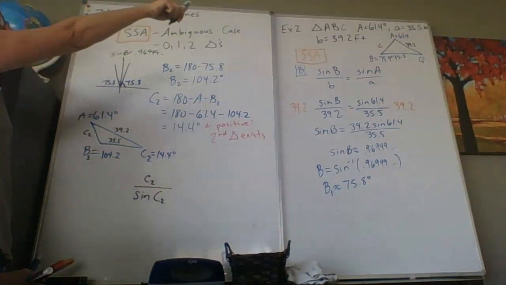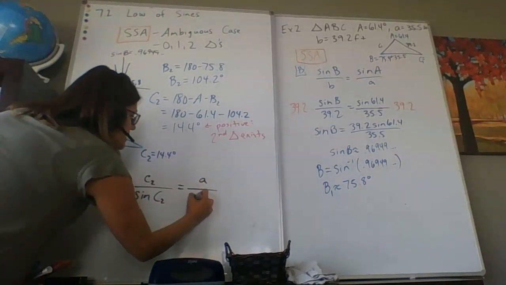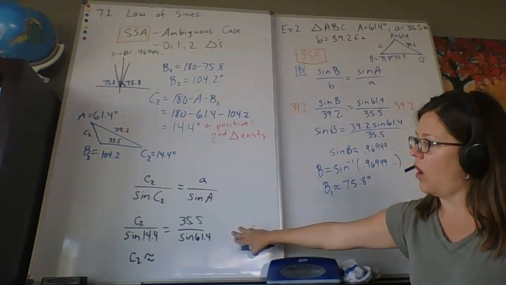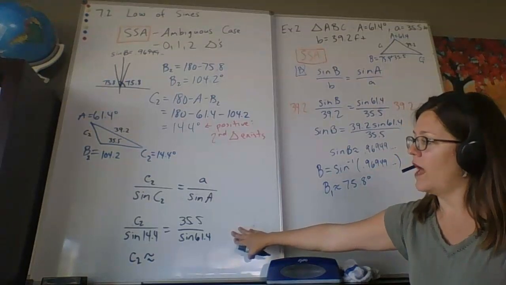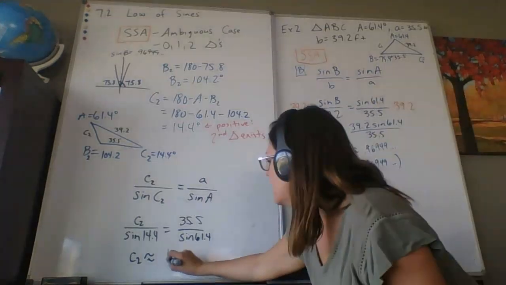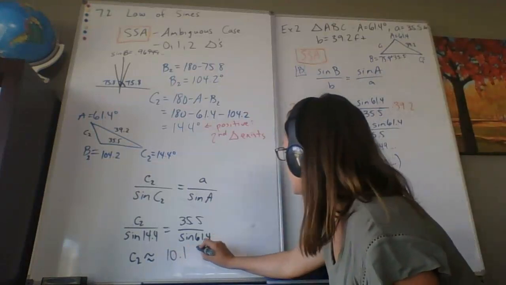And since we were given side a and angle A, I will still use a and sine A. To solve for c2, we either cross multiply and solve or multiply both sides by sine of 14.4. Either way, we would get 10.1, and our units are feet.